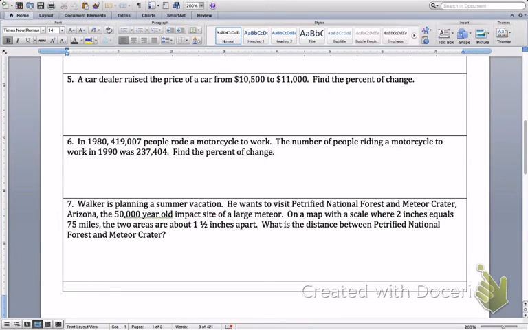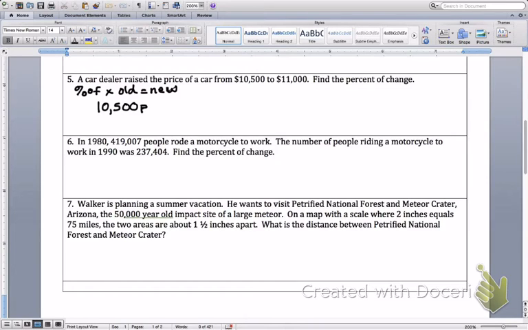Number 5. A car dealer raised the price of a car from $10,500 to $11,000. Find the percent of change. Remember we use percent of times old equals new. We don't know the percent, but we do know the old value was 10,500.